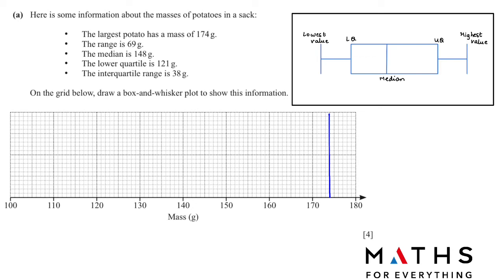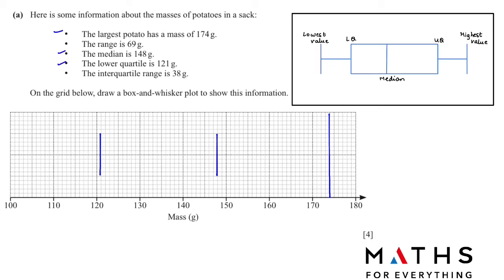We'll join everything together. The lower quartile is 121. The median is 148. So we used the largest, the median, and the lower quartile.